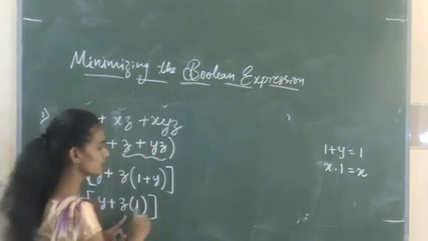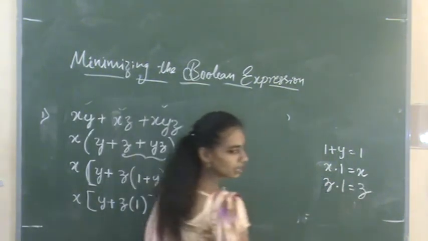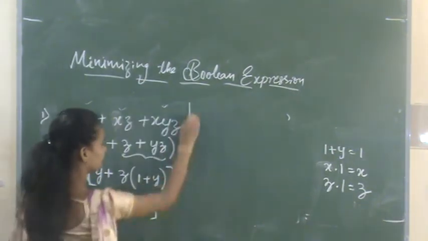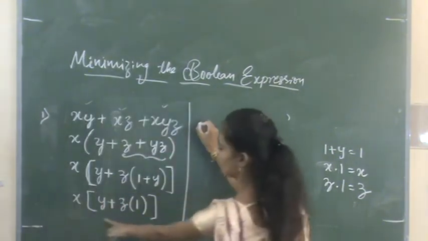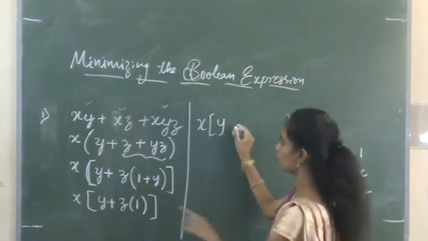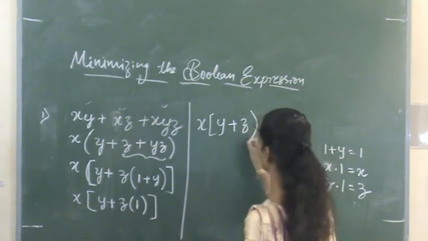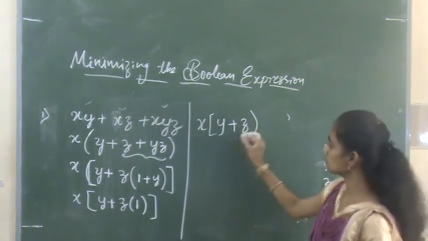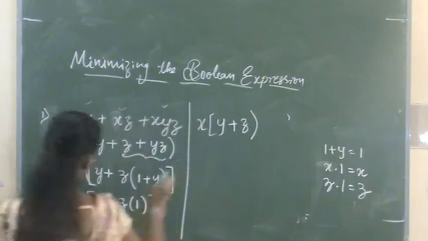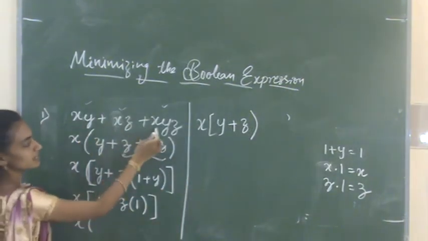So here we have z, instead of x we have z, z into 1 is equal to z. So that's why this expression becomes x into y plus, so z into 1 becomes z only. Okay, so this is the simplified expression for xy plus xz plus xyz.